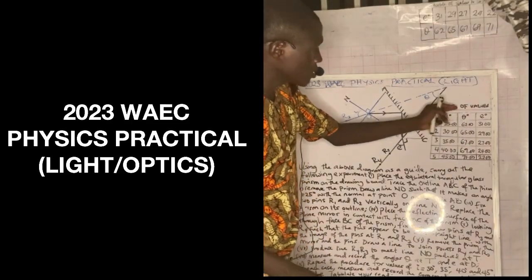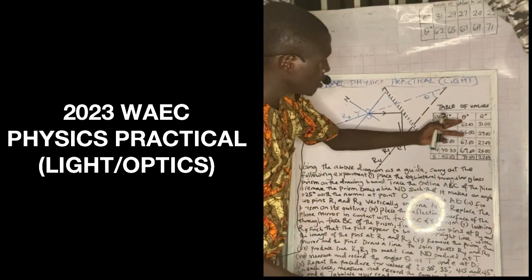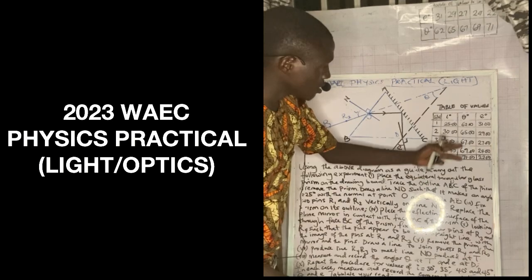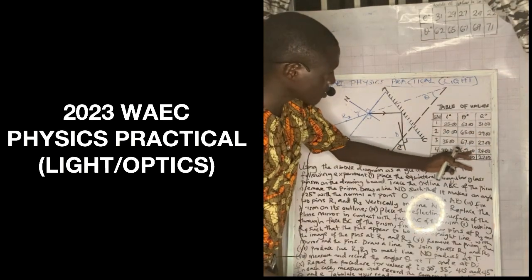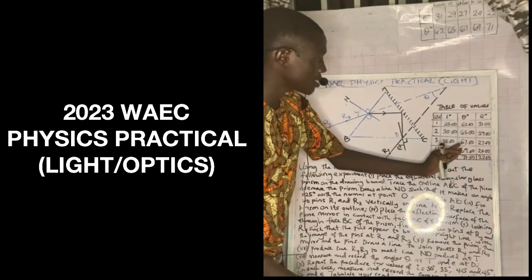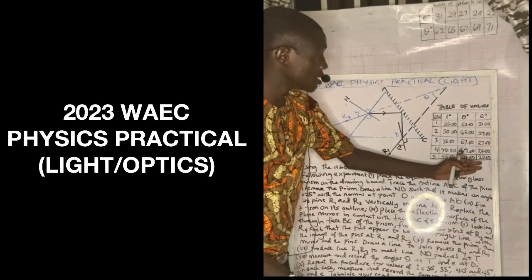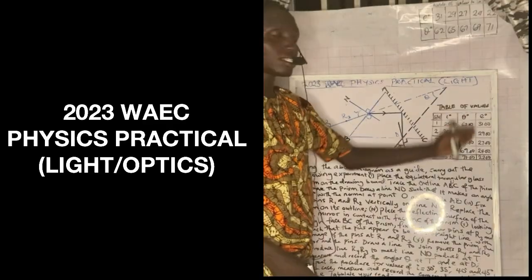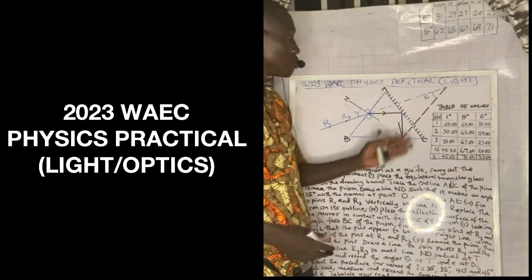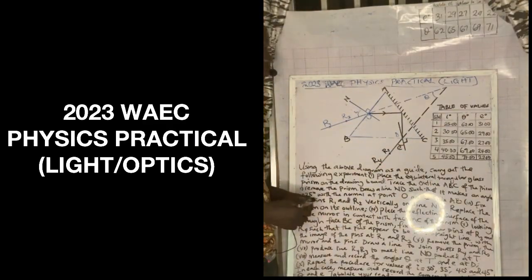As this one is increasing, this one is decreasing. If this one is decreasing, this one will be increasing. So whichever the case, just note down the values. So these are the table of values.